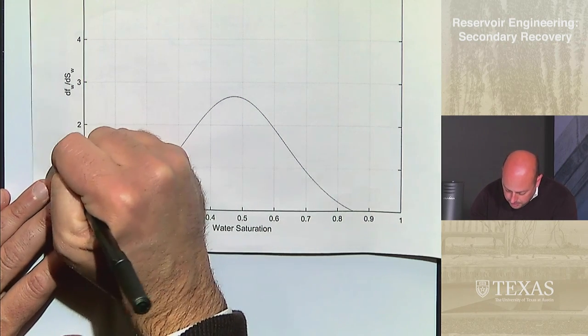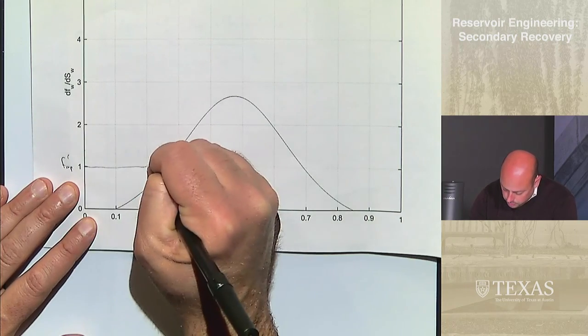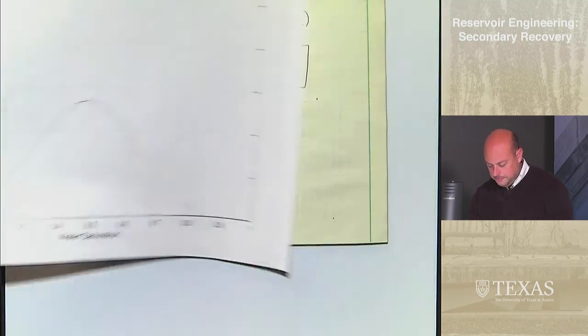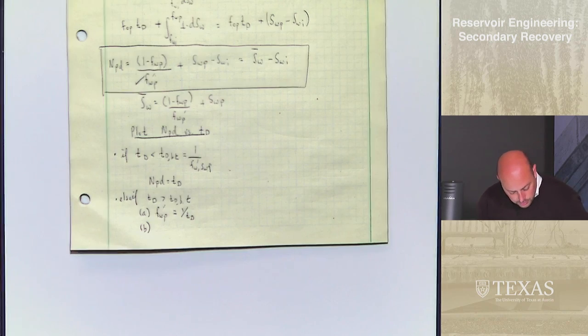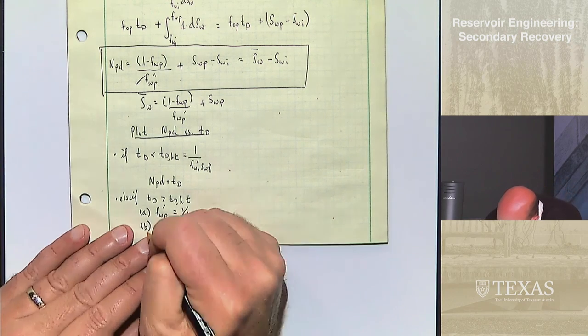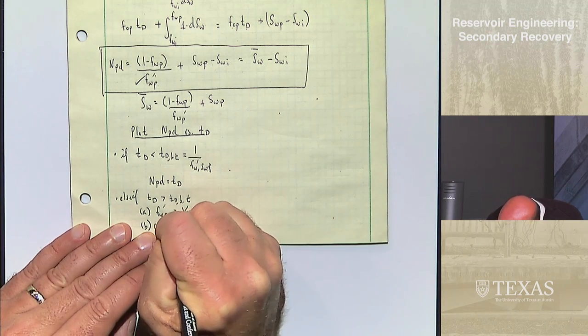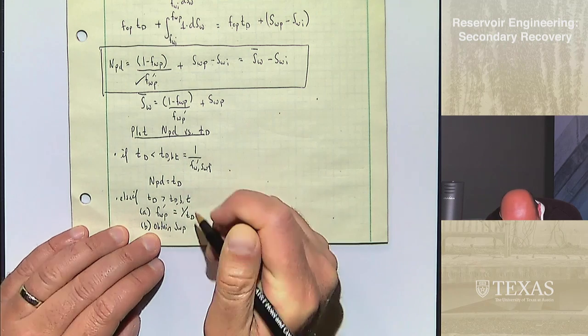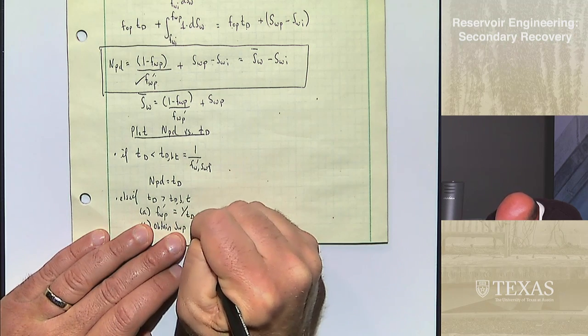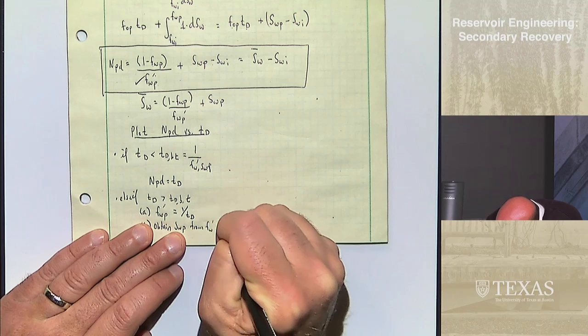So if this FWP prime is 1, then SWP is 0.2. So obtain SWP from FW prime plot.